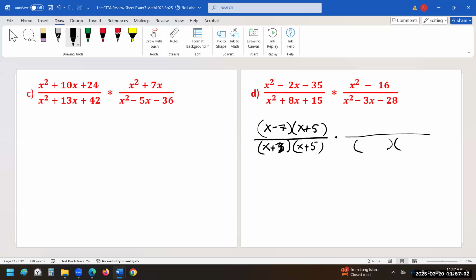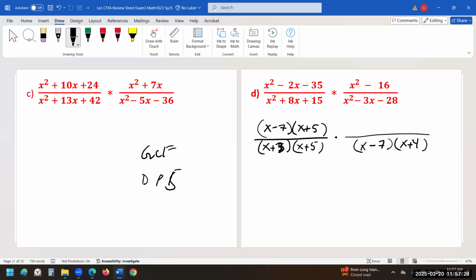Our denominator has 3 terms, so direct factoring. Multiply to 28, combine to 3. 7 and 4. Sign? Negative and positive. But you have 2 terms on the top. So 2 terms have 2 choices. Either it's a GCF or difference of perfect squares.